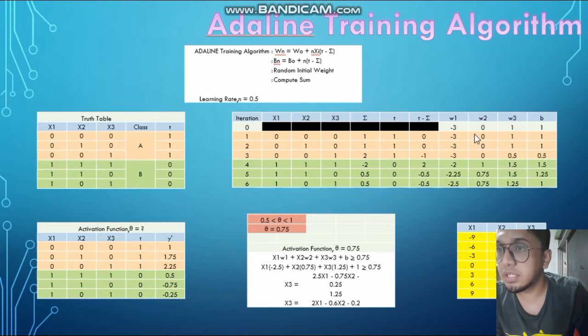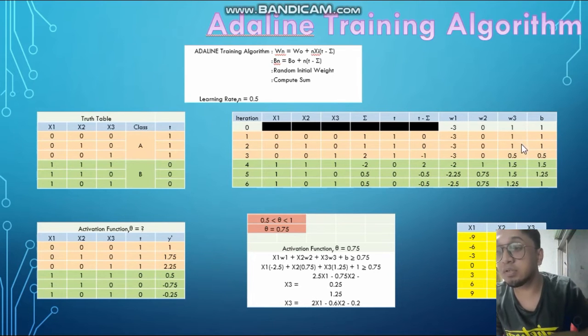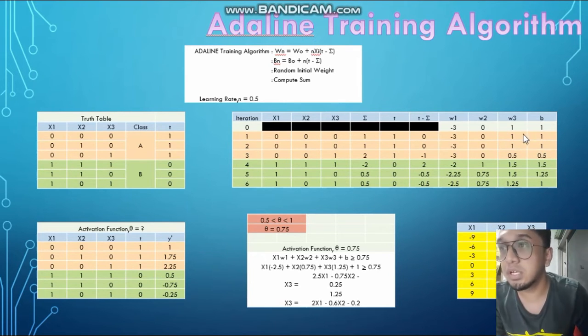So for w3, w old is 1 plus n is 0.5 times 0, then times also 0. So we got the number of w3 is 1. So for the bias, we use the formula bias old plus n times t minus summation.